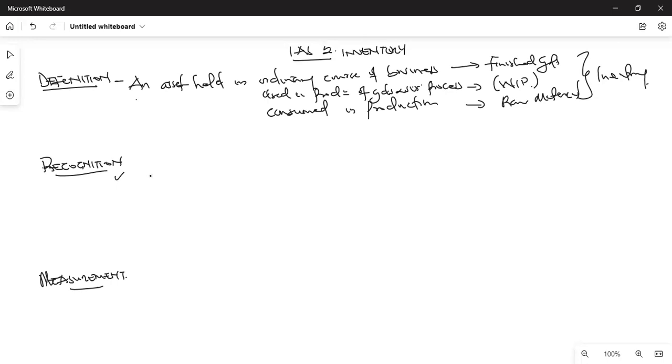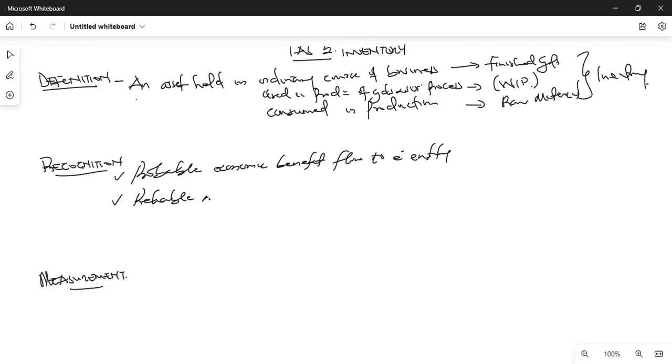The recognition criteria is simple. We recognize inventory if we have probable economic benefit flowing to the entity, and we also have what we call reliable measurements of cost.